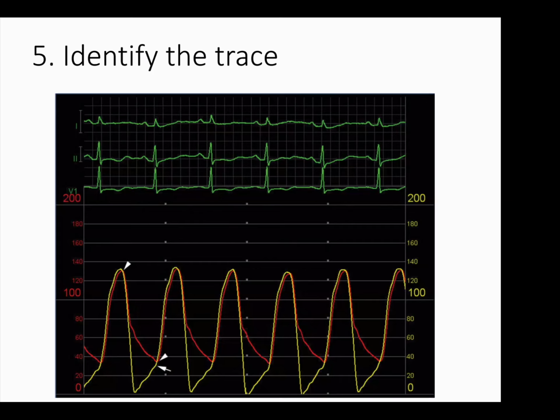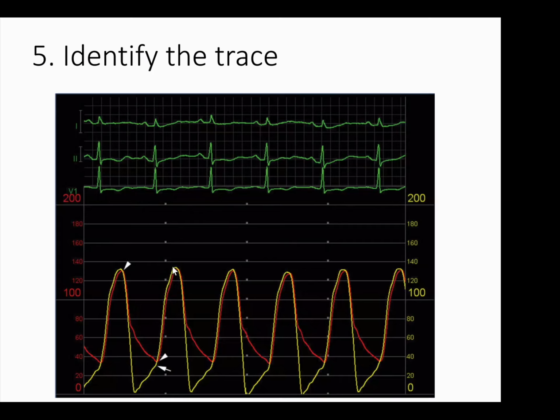Very low aortic diastolic pressure. Very good. LVEDP equals aortic diastolic pressure. Very good answer somebody has written. So here, probably this is a trace where aortic valve intervention was done, and post aortic valve intervention something happened.